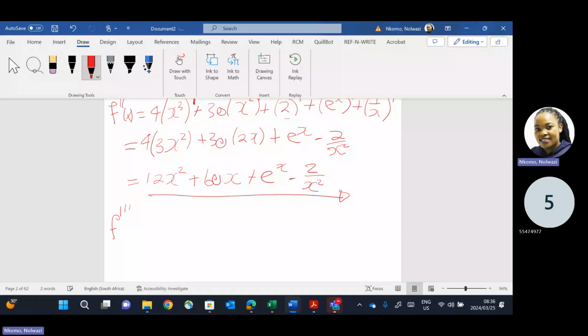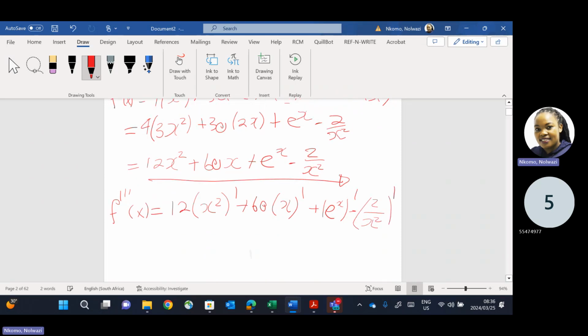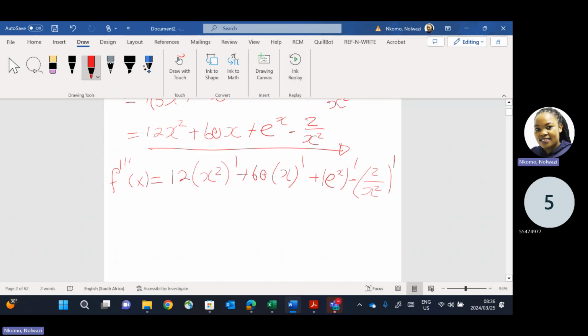F prime of x should be 12 times x squared prime plus 60 x prime plus e to the power x prime minus 2 over x squared prime. Okay, we do the derivation. We'll have 12 times 2x plus 60 times 1 plus e to the power x.